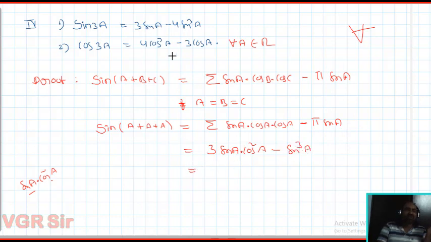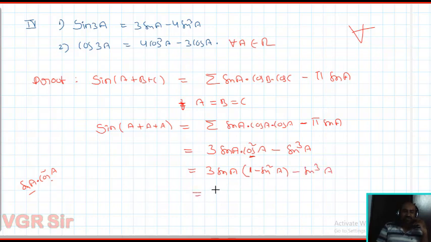Okay, but the formula is in terms of sin alone, so I don't want cos here. So 3 sin a bracket, instead of cos square a you can write 1 minus sin square a, minus sin cube a.